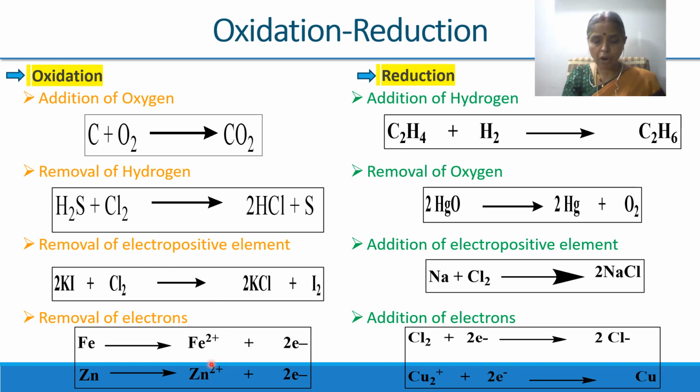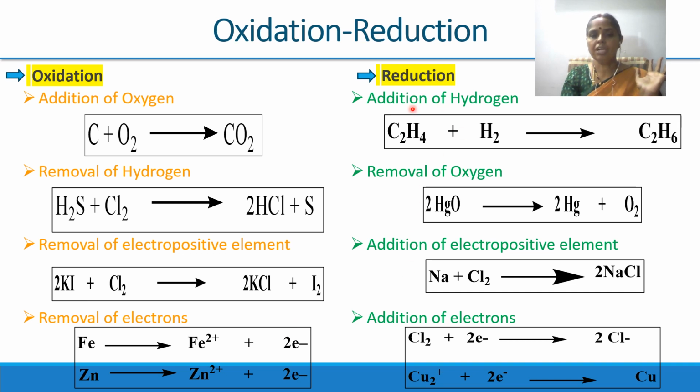But if you come to the product side, iron is forming Fe2+, an increase in positive oxidation state due to the loss of 2 electrons. Zinc is forming Zn2+ on the product side because of the loss of 2 electrons. So, increase in positive oxidation state or removal of electrons is also oxidation.